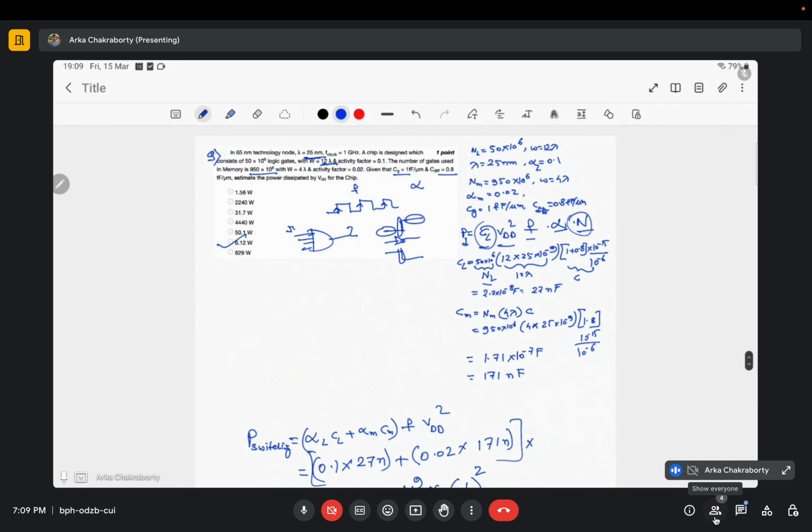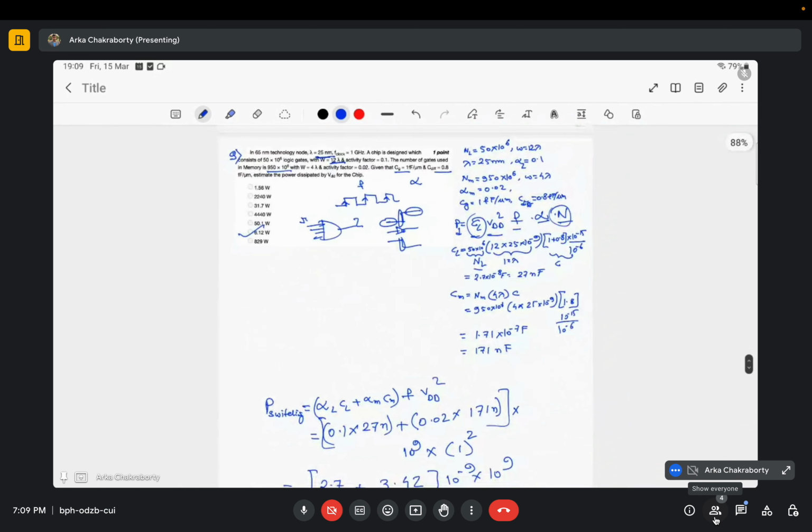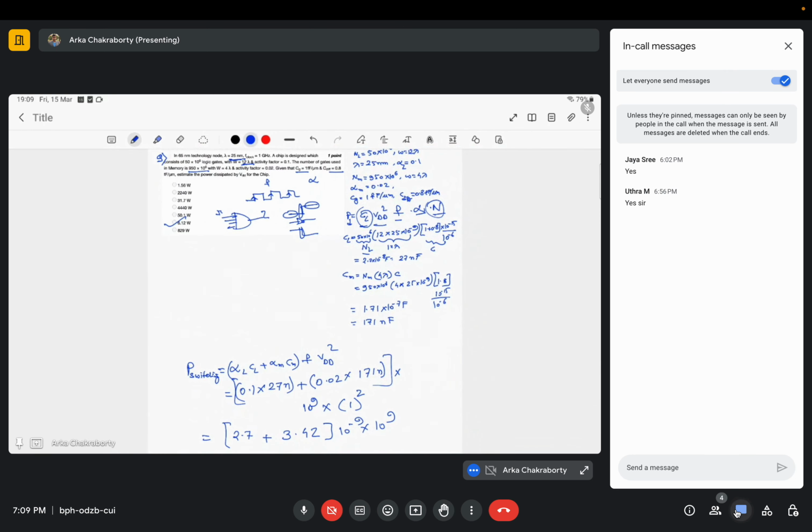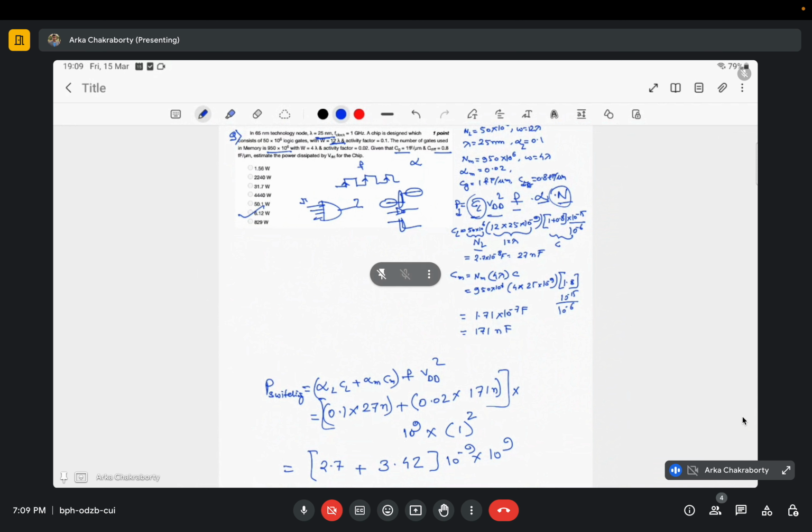Check it once, whether you are understanding the point or not, how it is coming, what it is coming. Clear? Any confusion? Any question?